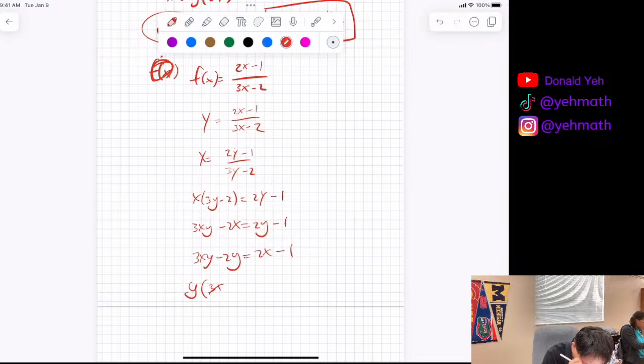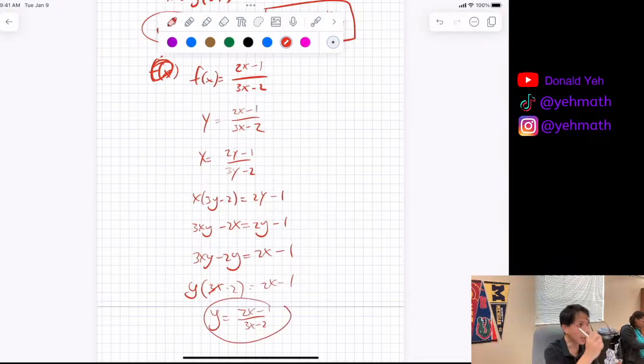Okay, I multiply 3y minus 2 plus 3, and then 3y is equal to 2y minus 2. You guys have actually seen this before, right? Sometimes with inverse functions, very rarely, they will do that, because the functions are inverse to each other. Factor out y. Oh yeah, it is. Okay, all right.